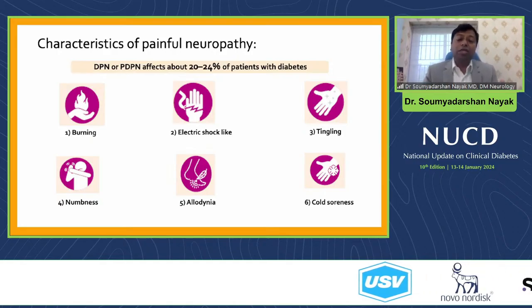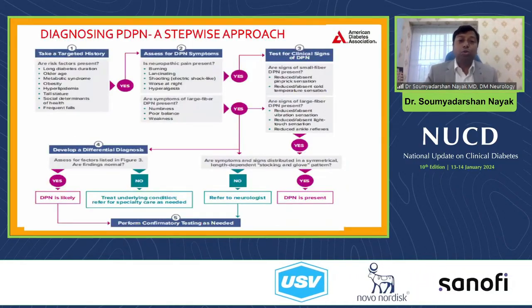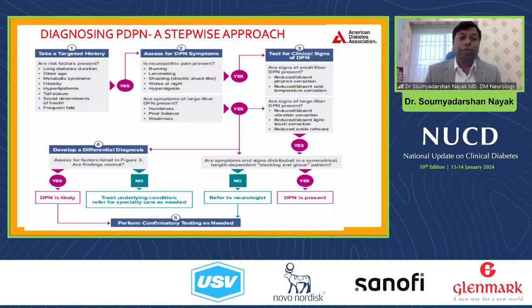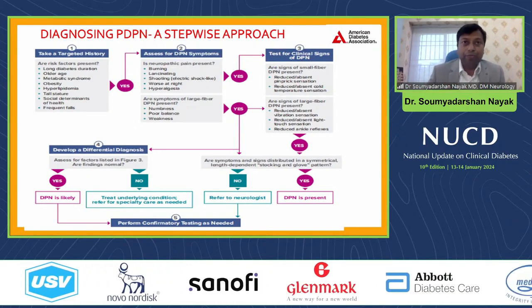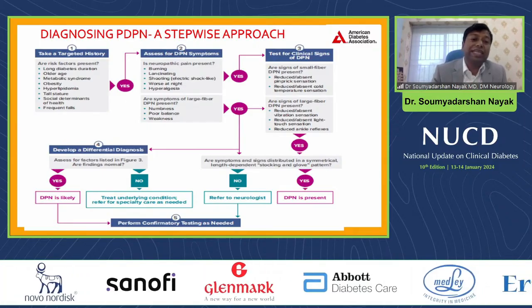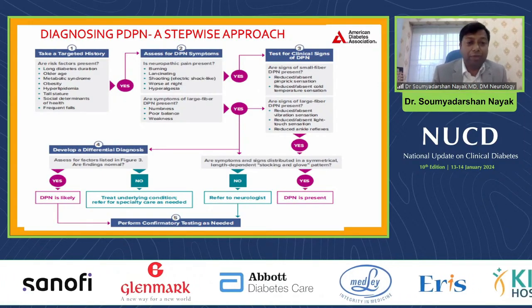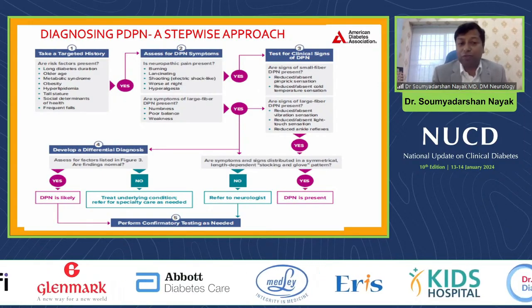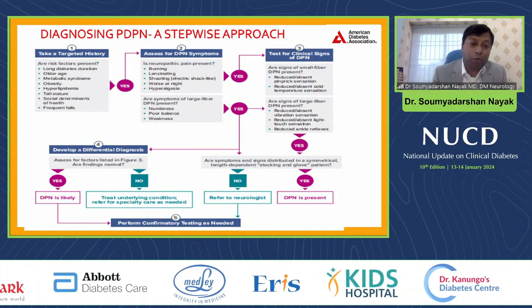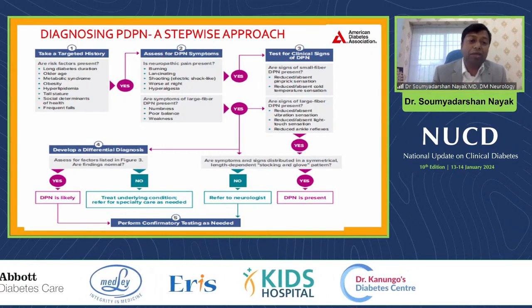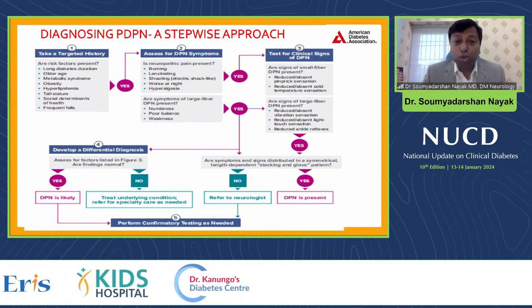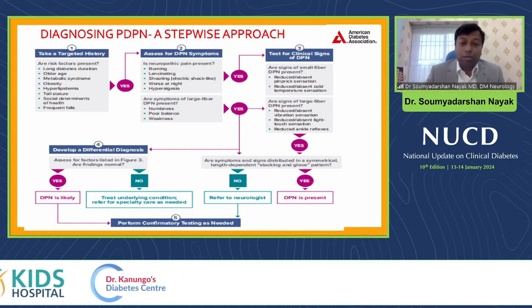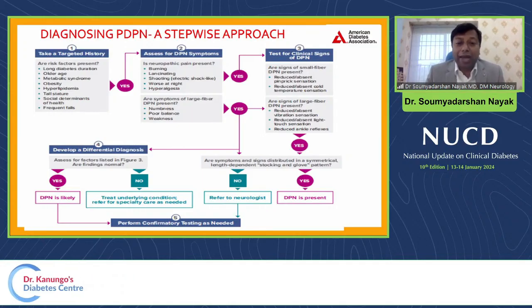Once these patients present to you, your approach should be stepwise, with a targeted history. Get the details of the duration of diabetes, the age group of the patient, any metabolic syndrome, and any social determinants. Also ask about the type of pain, because that is also a catch.